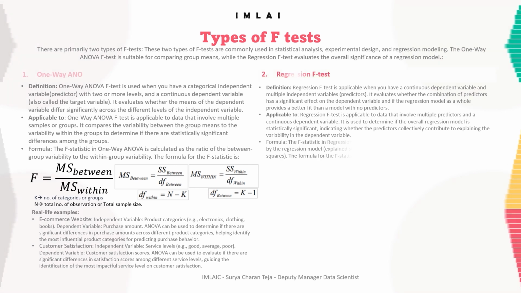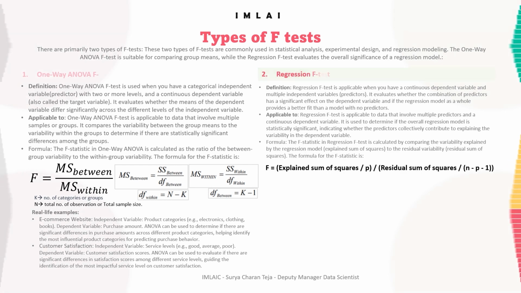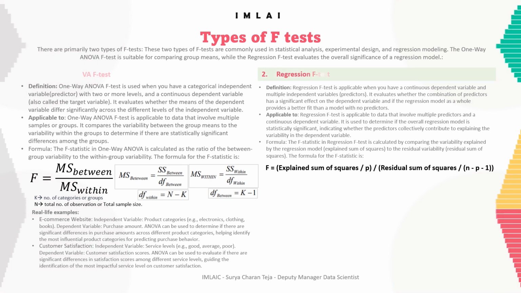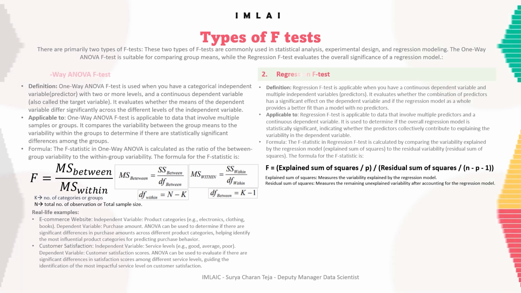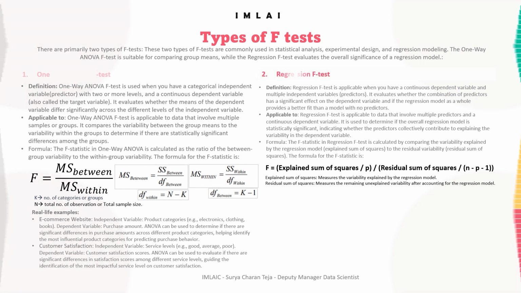So the formula for the F statistic is equal to explained sum of squares divided by p, and the whole thing divided by residual sum of squares divided by n minus p minus 1, where explained sum of squares measures the variability explained by the regression model, and residual sum of squares measures the remaining unexplained variability after accounting for the regression model, and p is the number of predictors.